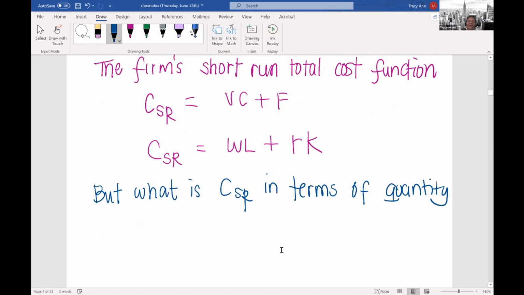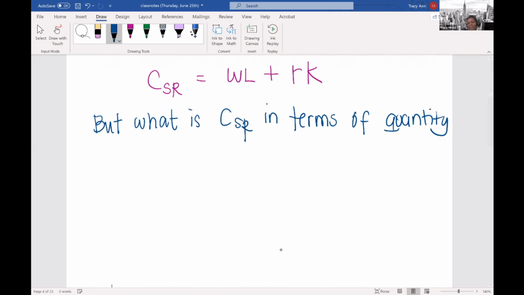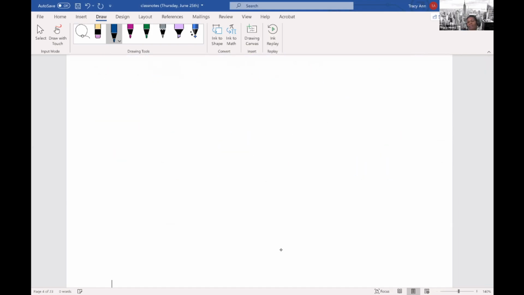Well, if you remember our production function, let's recall our production function for a minute.